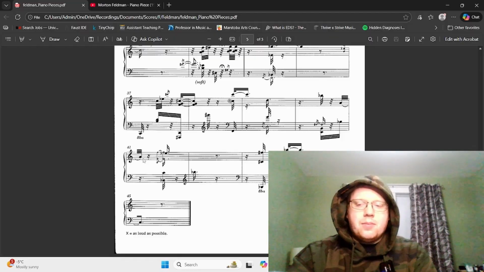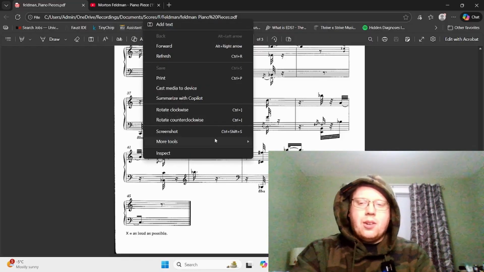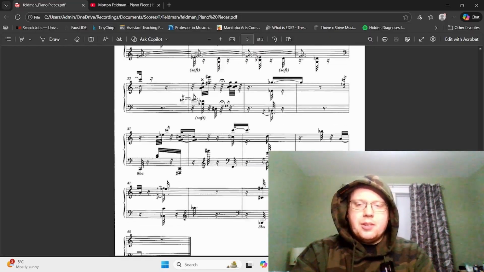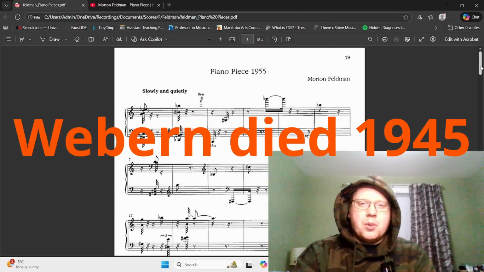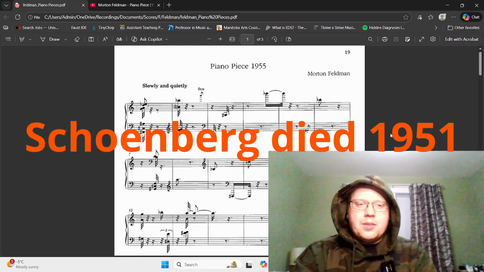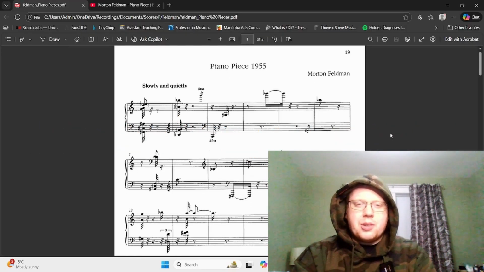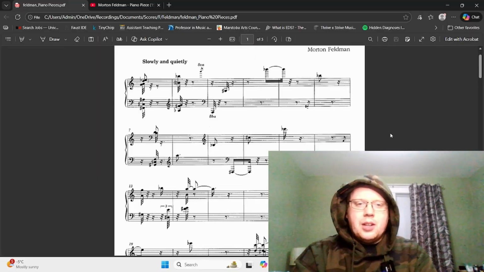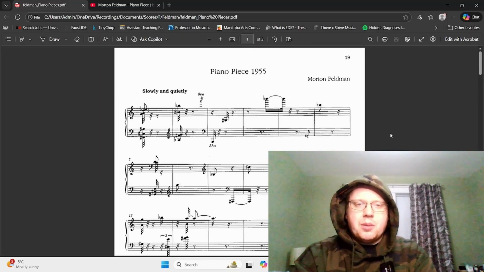And this isn't very long after Webern died, and it's very soon after Schoenberg died. So this is very much post-war music that is trying to reimagine what expressionistic music can be.